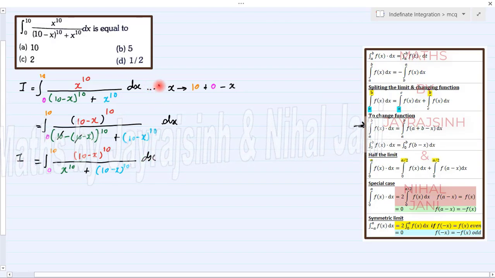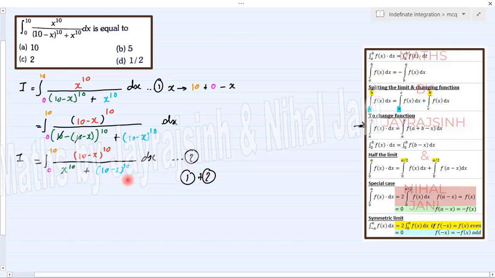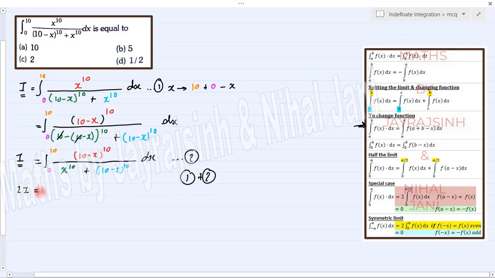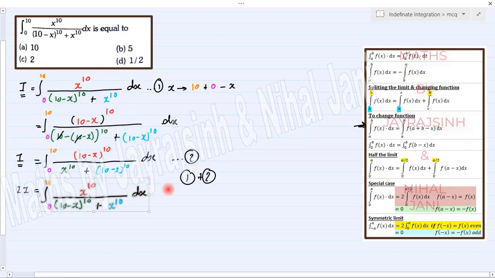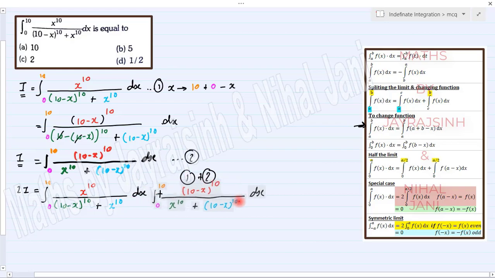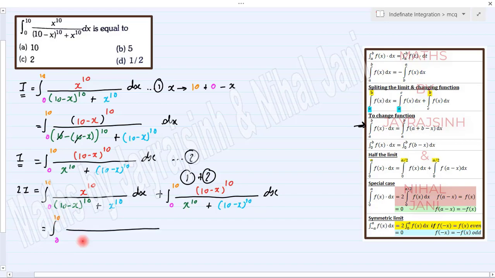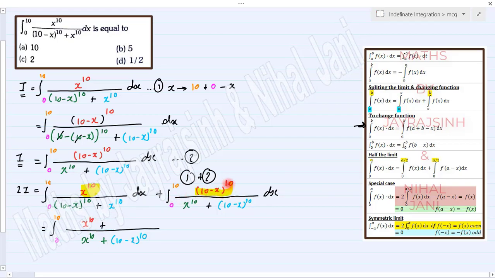So let's say this is your equation number 1 and this is your equation number 2. Let's add both equations. On left hand side we have I plus I, so here we'll get 2I. And for right hand side we have to add right hand side of first equation and right hand side of second equation. Now here the denominator and limit is same, so we can say your denominator will be as it is, and we just have to add numerators, which is x raised to 10 and 10 minus x raised to 10.